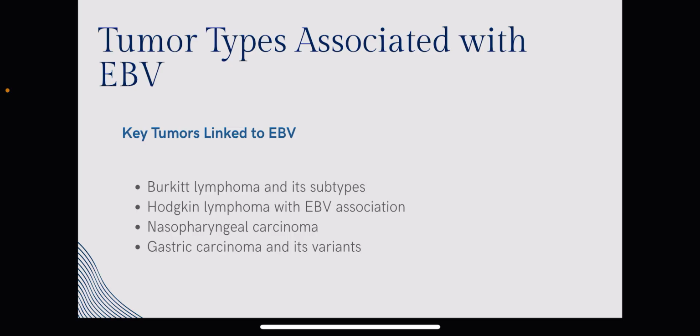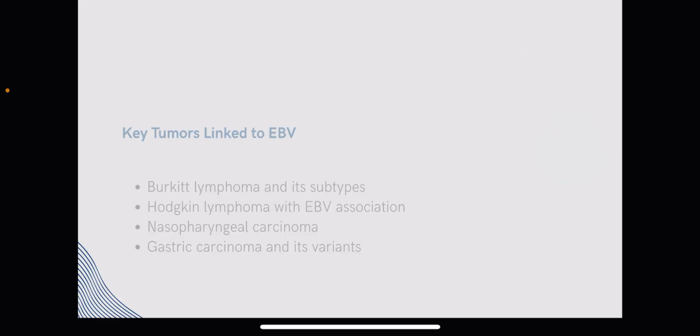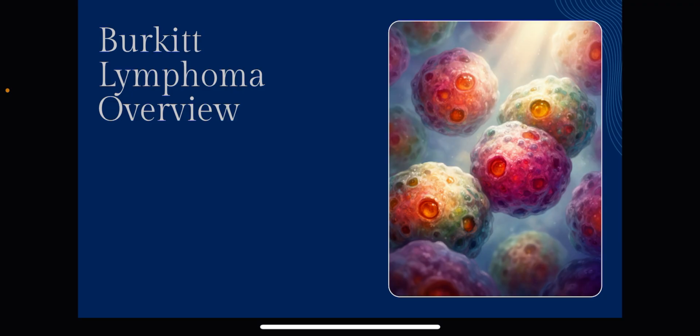We'll discuss one by one. The first one is Burkitt's lymphoma and its subtypes, and Hodgkin lymphoma with Epstein-Barr viral association. Next comes the nasopharyngeal carcinoma, and the last, gastric carcinoma and its variants. We'll come first to the Burkitt's lymphoma.